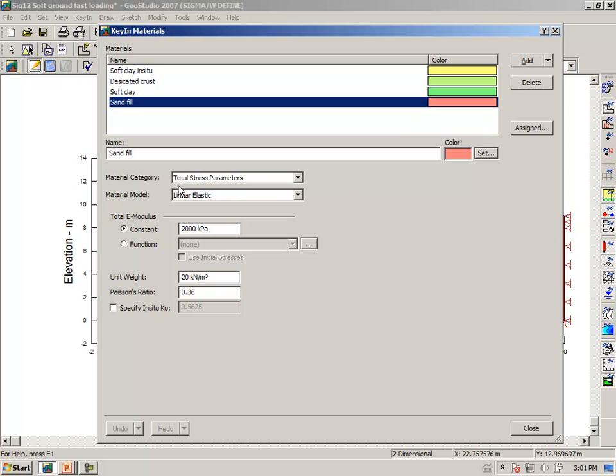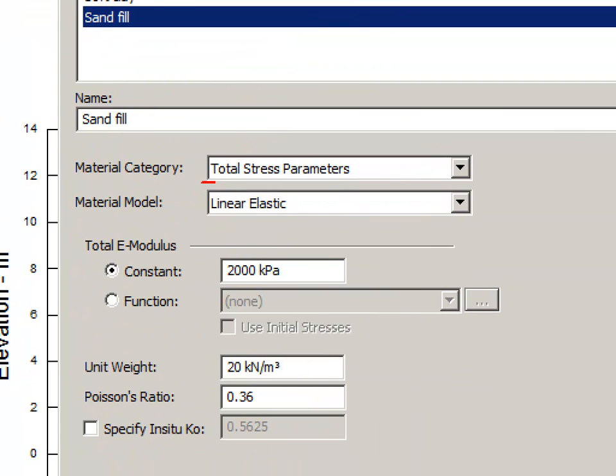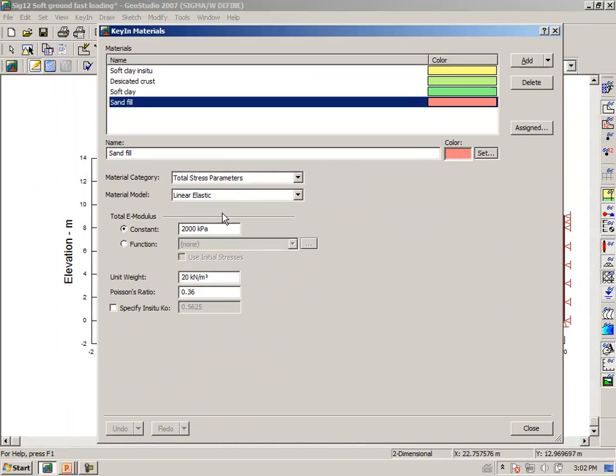And as we noted earlier, we are going to use total stress parameters for the fill. In this way, we do not need to talk about the pore water pressure in the fill itself. Once again, a linear elastic constitutive relationship, constant Young's modulus of 2000 kPa with a total unit weight of 20 kilonewtons per meter cubed.